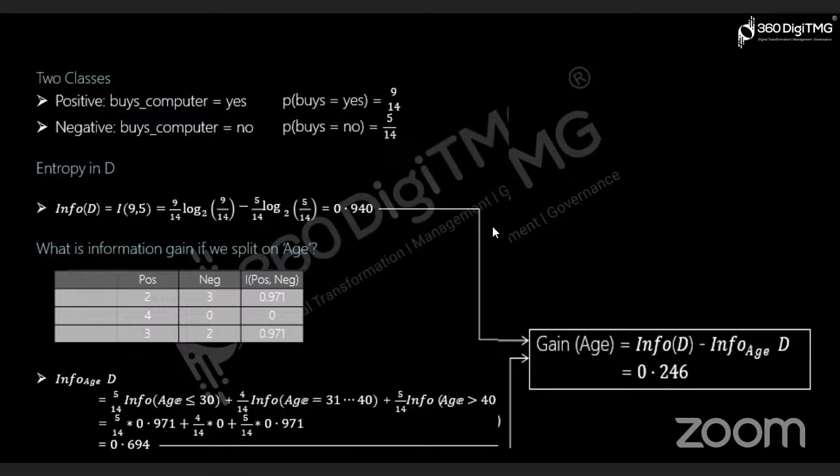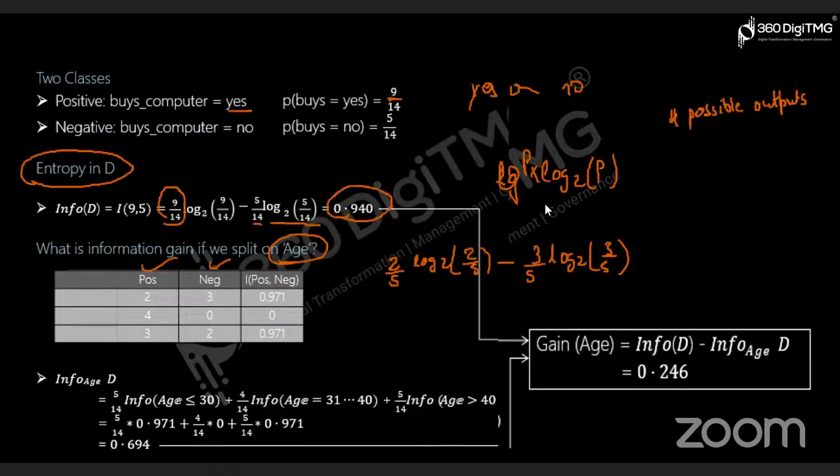So the output we are getting here would be 0.971 and 0.971, because they are the same. But when you have only one class, the information value is 0.